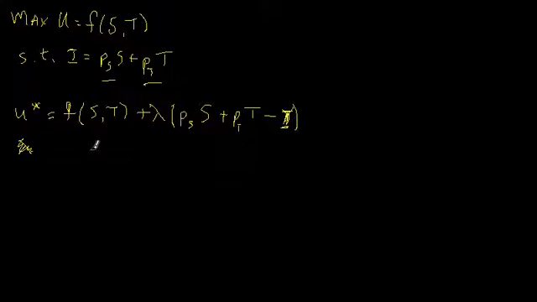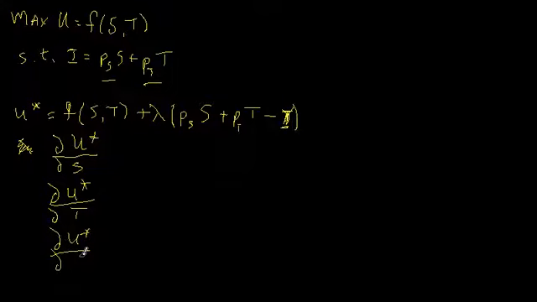And so now we want to maximize U star, the Lagrangian function, with respect to changes in S and T, the two variables in the function. So the way to proceed with that is to compute the partial derivative of U star with respect to S, the partial derivative of U star with respect to T, and the partial derivative of U star with respect to lambda, the Lagrangian multiplier.